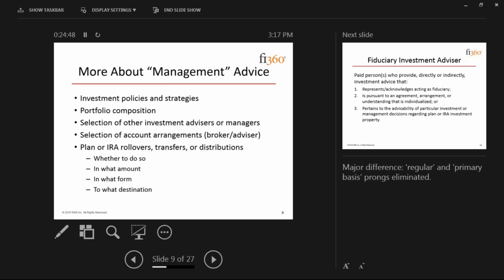You can see four questions that we speak to here in those last four sub-bullet points. If you're providing advice on rollovers, one comment I would make is that it's pretty clear from the rule, and even from all the back and forth that went on up to the rule through the proposals, that the DOL is very concerned about rollovers. They are very concerned about making sure that participants or IRA holders aren't being taken advantage of.